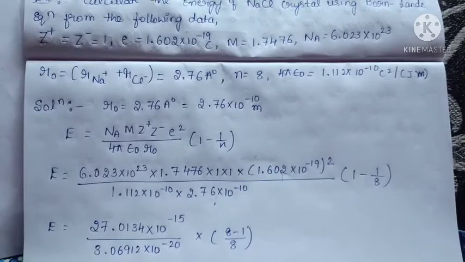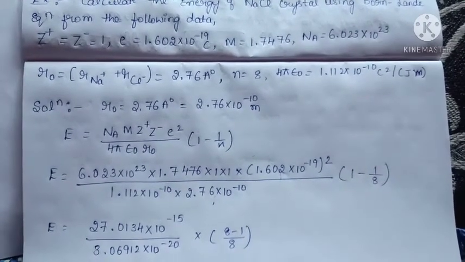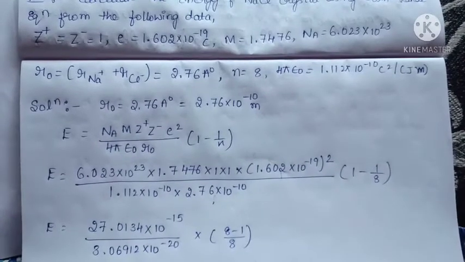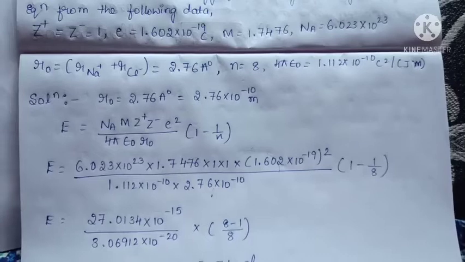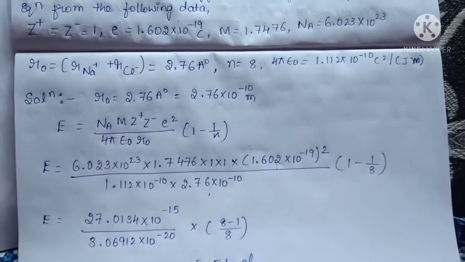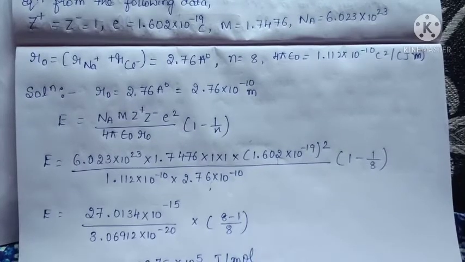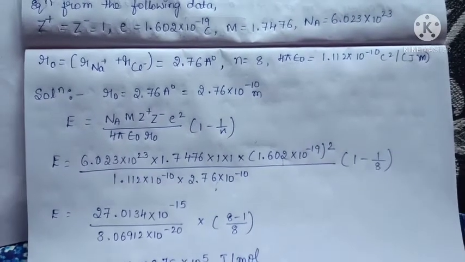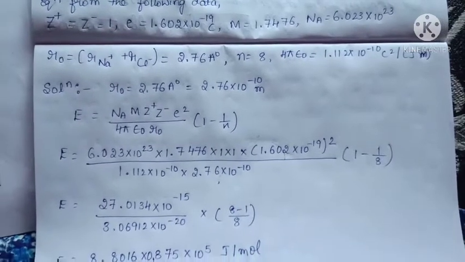A naught means angstrom. N is equal to 8. 4 pi epsilon naught, they are giving the whole value. 4 pi epsilon naught is equal to 1.112 into 10 to the power of -10 coulomb square per joule into meter.